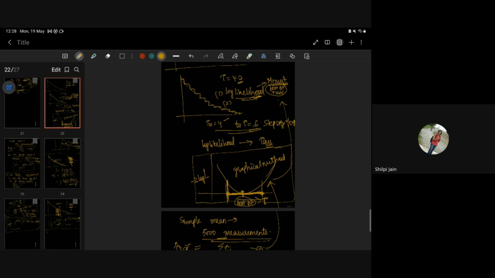For the second part, you can just loop over. This is just getting a feel of what Minuit is doing. Minuit uses smarter ways to choose the tau values, because we know what the true value is, so we are just looping over in a small window to understand how Minuit does it.